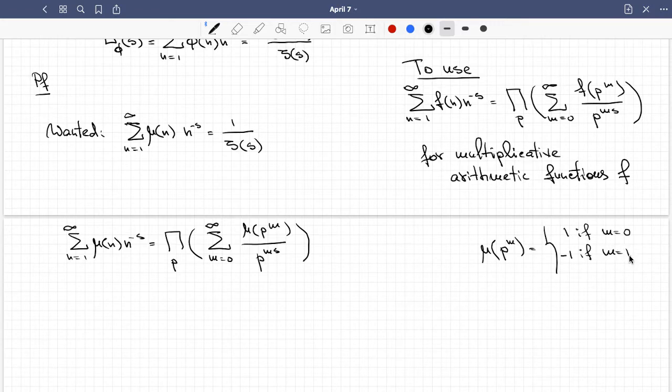And that's the end of story. When m is bigger than 1, this number, p to the m, is not square free. It's divisible by p squared. So mu is 0 in all other cases, if m is bigger than 1.